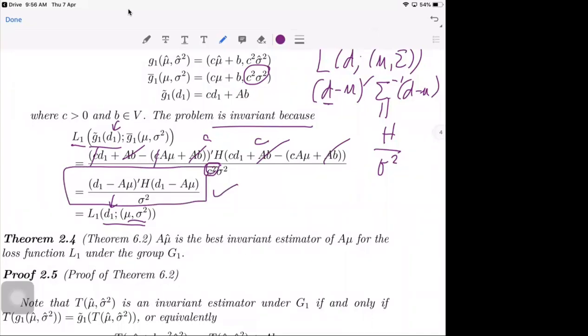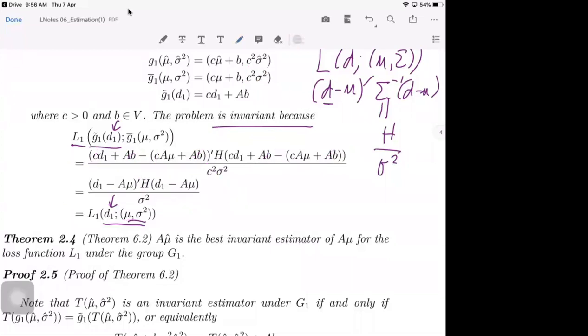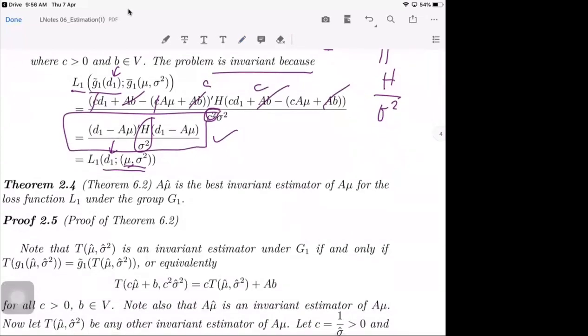And this is actually the original loss function at mu and sigma squared. So we say that A mu hat is the best invariant estimator of A mu for the given loss function under the group of transformation G1.